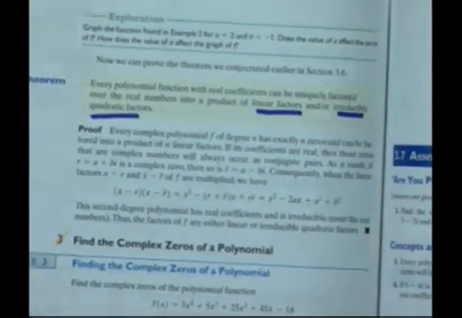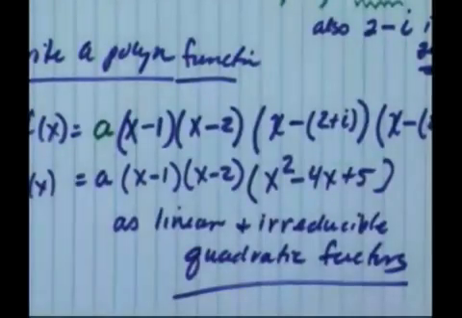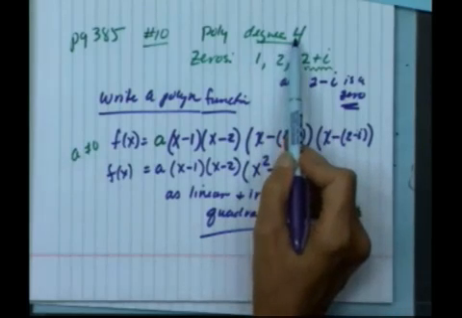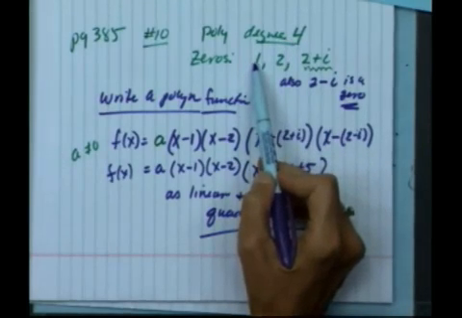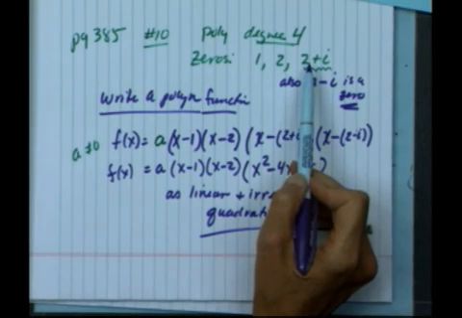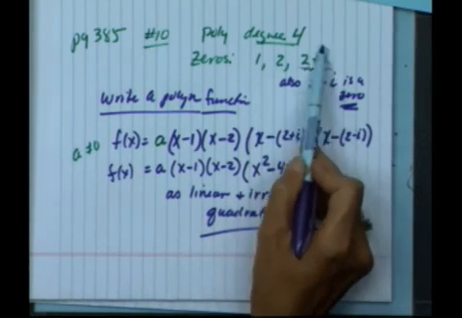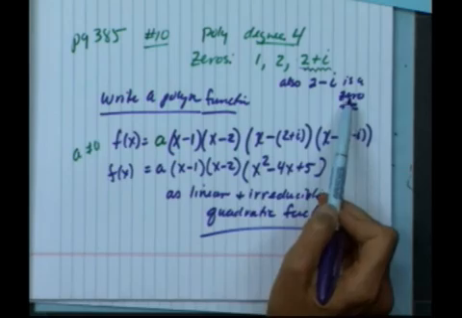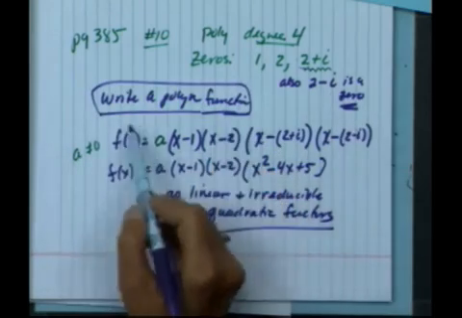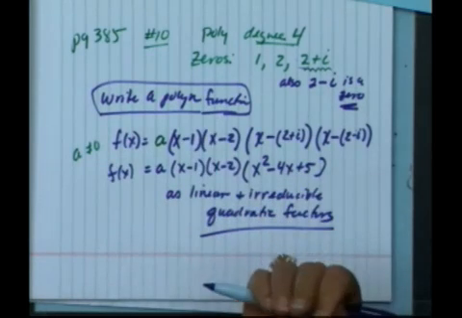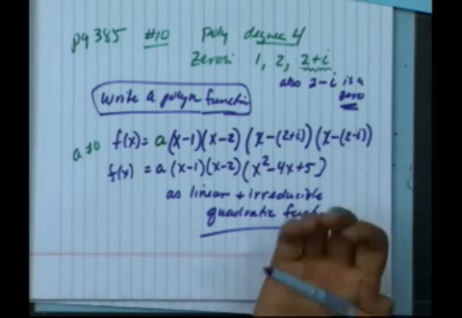Okay? Let's back up and make sure everybody's good with the example we just did, number 10. The question only asks you to find the remaining zeros. If you have a fourth degree, you're going to have 4 zeros. They may not all be unique. And if you have one complex zero, you immediately know its conjugate is a zero. I asked us to go a step further and come up with a polynomial function, factored as linear and irreducible quadratics.